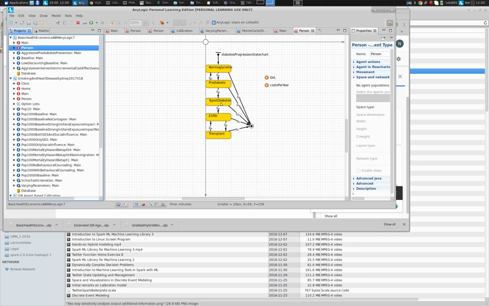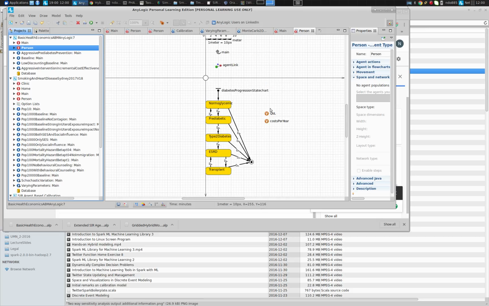So someone could be in a diabetic state, and there's a certain amount of cost per year for being in that state. Someone could be in an end-stage renal disease state before transplant, and there's costs associated with hemodialysis or peritoneal dialysis or what have you, right? So we have cost per year or quality of life.